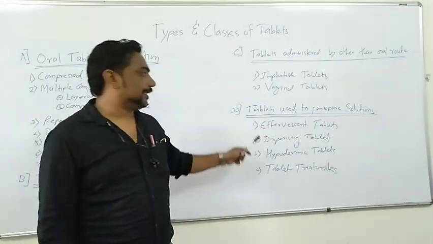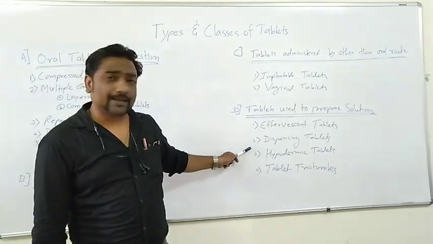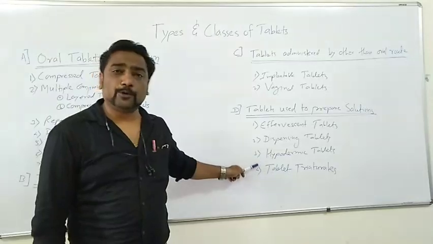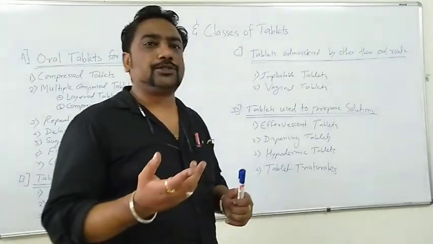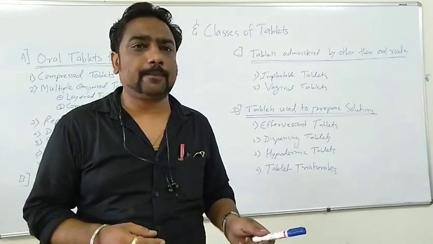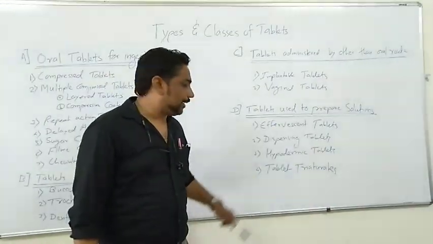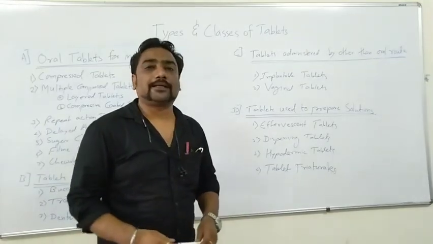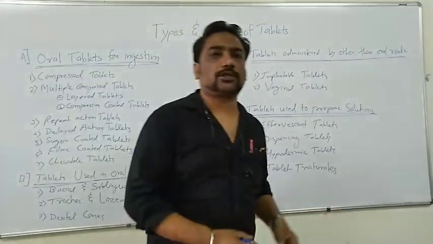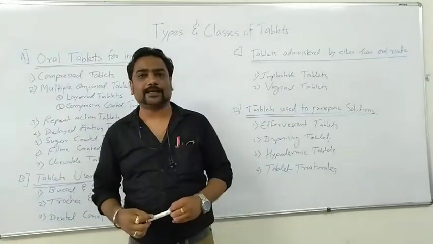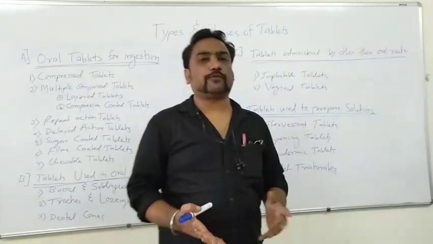There are certain categories such as effervescent tablets, then dispensing tablets, then hypodermic tablets, means the solution of the tablet will be prepared in a sterile solution, and then that sterile solution will be administered. So that is hypodermic tablet. And lastly, tablet triturates. Some of them are outdated today also, and are not used to a greater extent nowadays. So this is how we can classify the different types of the tablet.